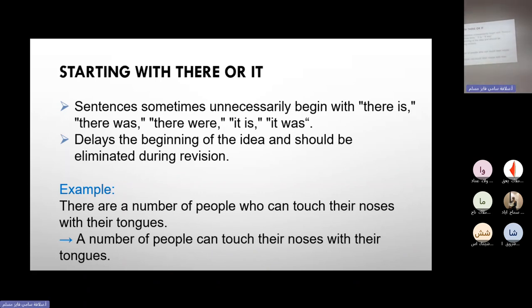We can remove it, right? So we wrote directly "a number of people" because it's clear who the subject is. Why use there is or there are? Okay?